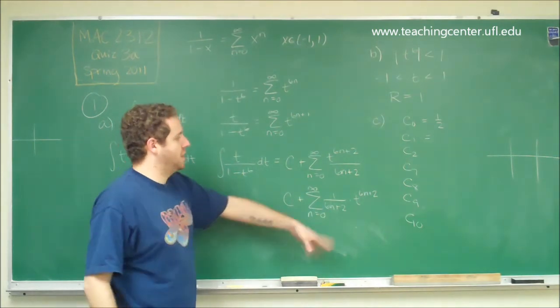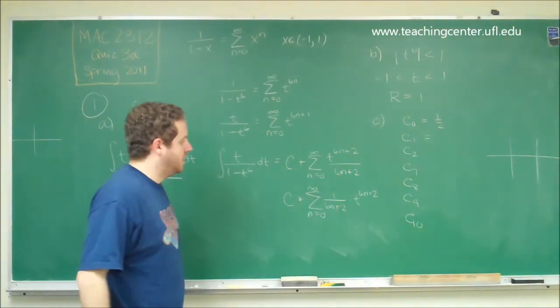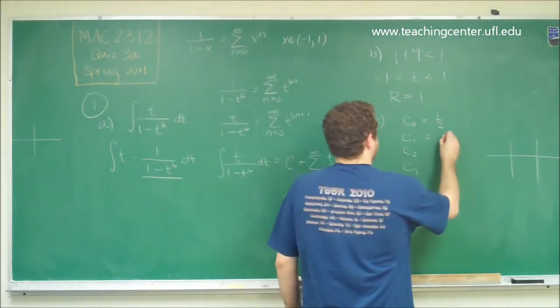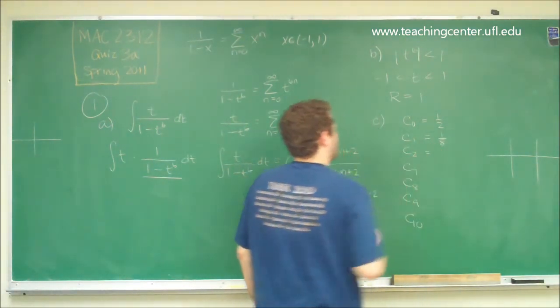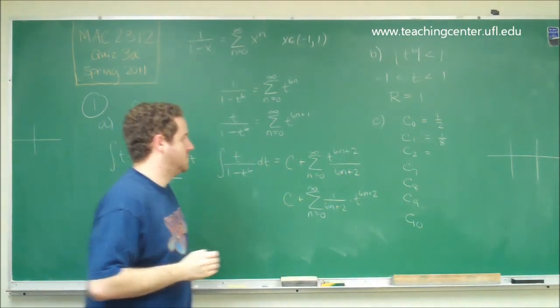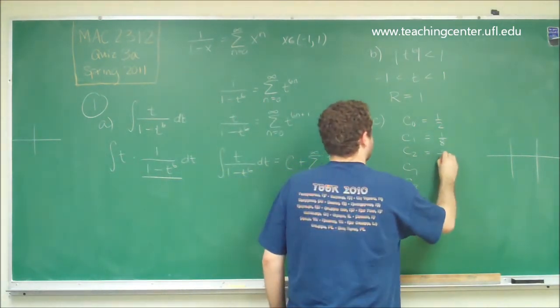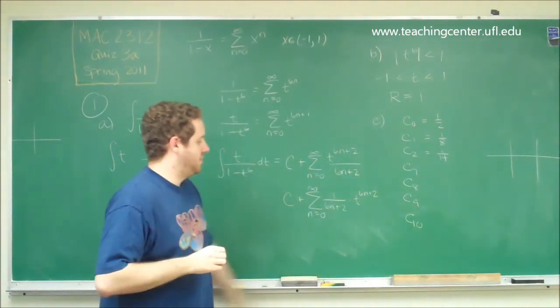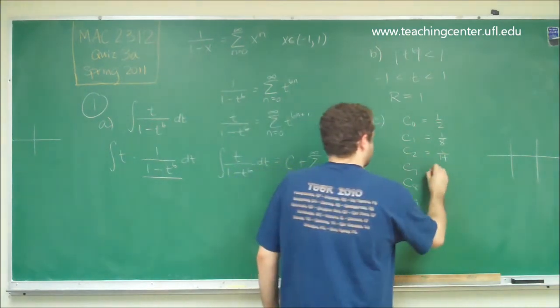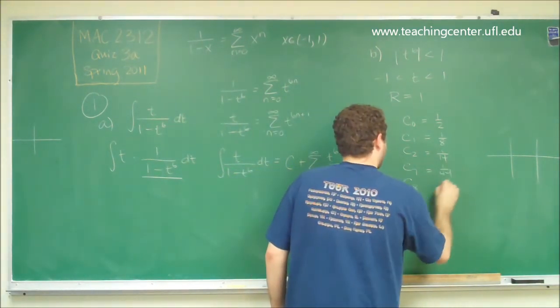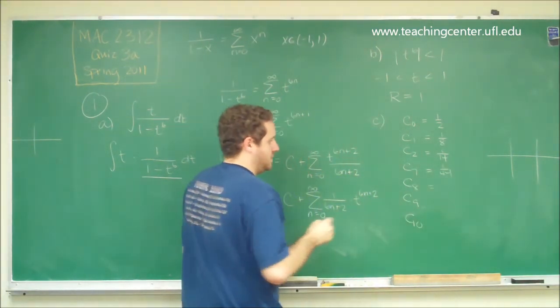So we just plug in those values for n. So c1 would be 1/8. c2 would be 1/14. c7 would be 42 plus 2, so we get 1/44. c8 would then be 1/50.